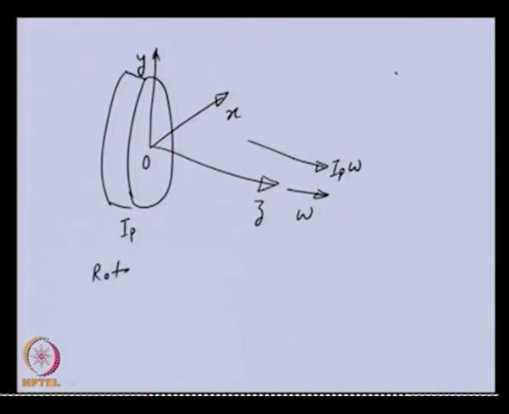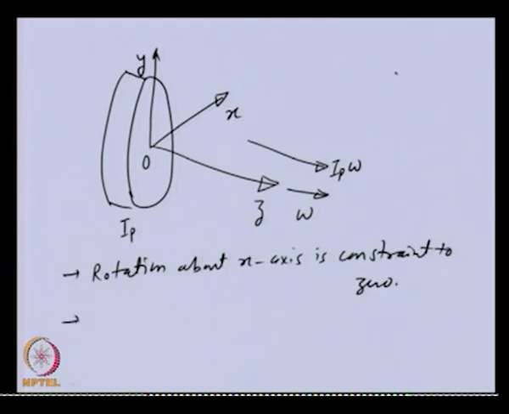So rotation about x axis is constrained to 0, but it is free to tilt about y axis.